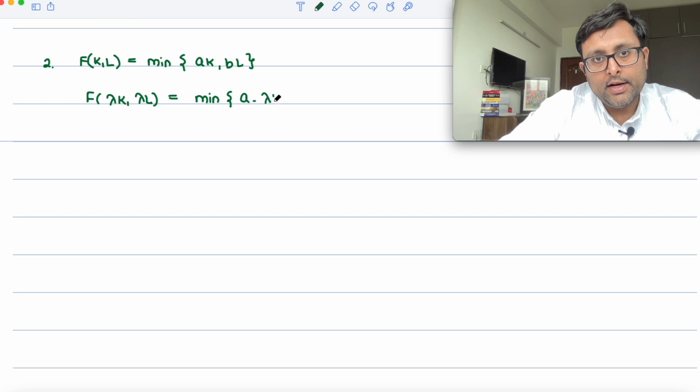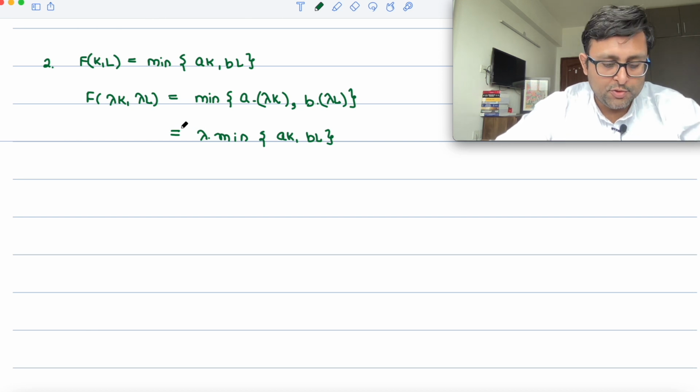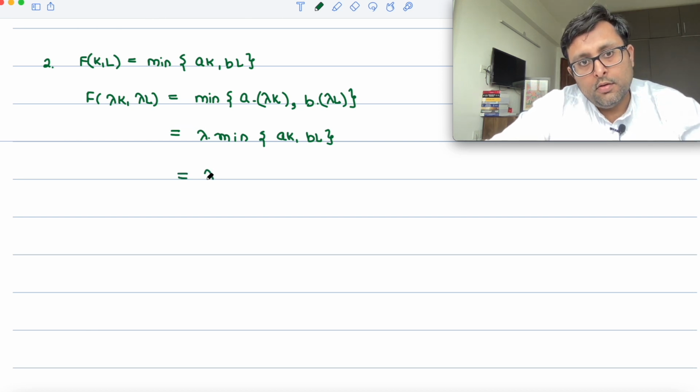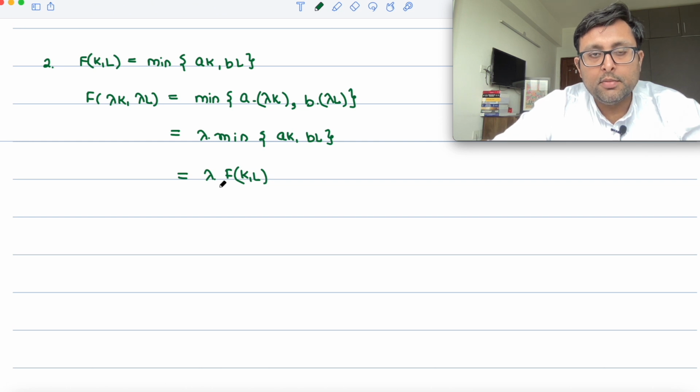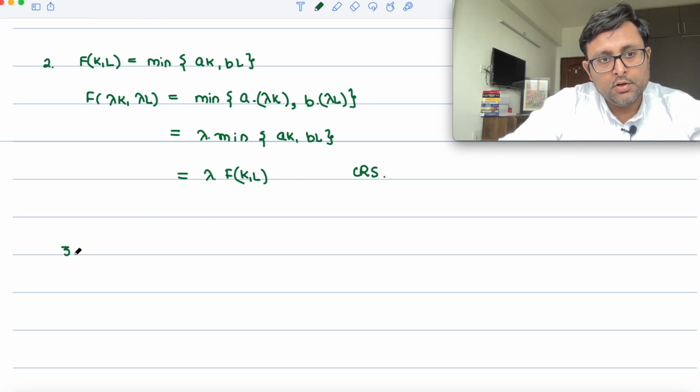In place of K, I can write lambda K. In place of L, I can write lambda L. I can take lambda common. So this lambda is completely factored out, degree of homogeneity 1. And this min of AK, BL is nothing but f of KL. So f of lambda K, lambda L is equal to lambda f of KL. So this is nothing but a CRS production function.